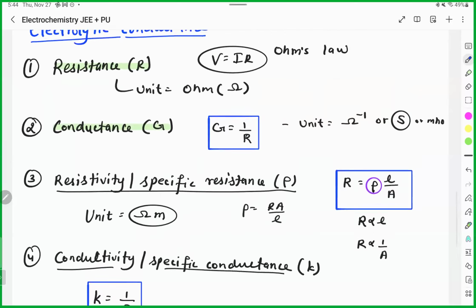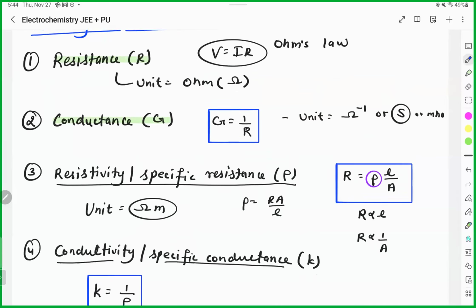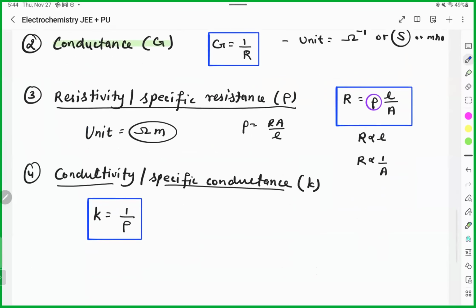Correct? Like how resistance is related to conductance, in the same way resistivity is related to conductivity. Understood? Reciprocal. Yes.